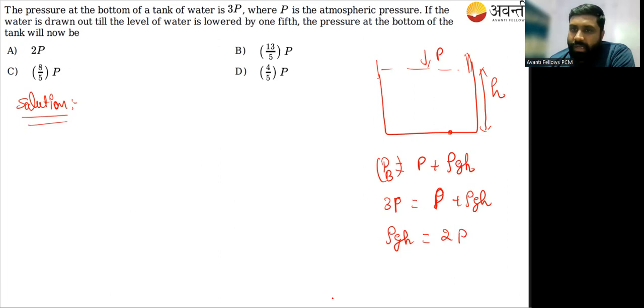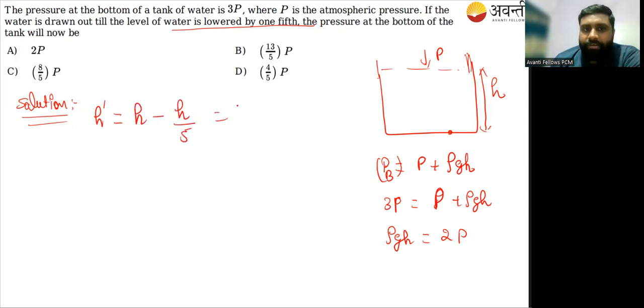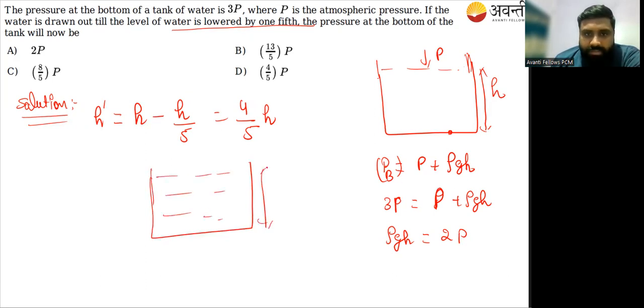Okay. Now, what is happening here? We are drawing out the water till the water level is lowered by 1/5. Now the water level, let's say h dash, will be total height h minus how much we have lowered it, h by 5. So now the new level will be 4 by 5 times of h. So now the pressure at the bottom, this is rho g h dash now, because this height is h dash.